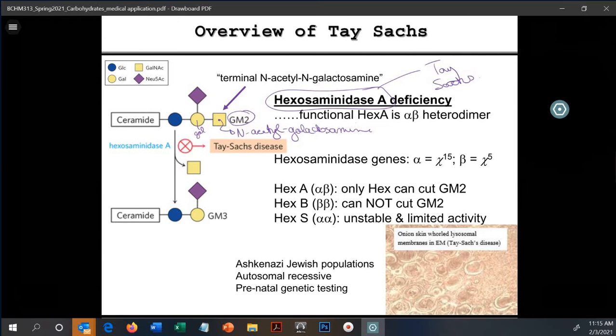And so that's not good, especially if we're looking at things like cognition, right? If we're looking at regulation of bodily systems and functions. So this is not a good disorder. This is a disorder that is progressive, and we would say it's neurodegenerative.